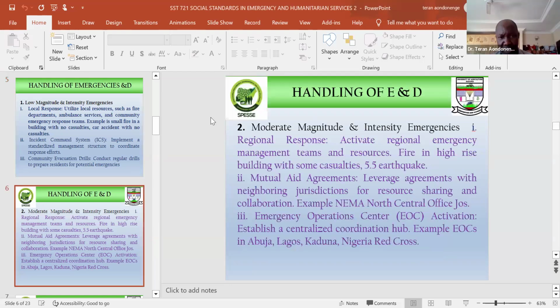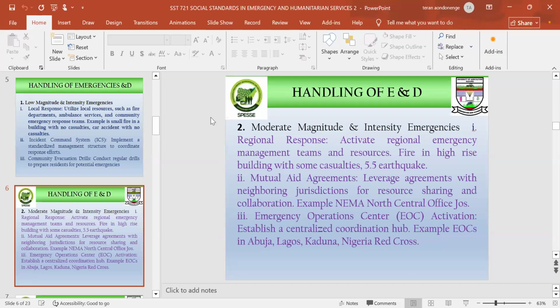Number two, you are dealing with moderate magnitude and intensity emergencies. Regional response. Activate regional emergency management teams and resources. Example is fire in a high-rise building with some casualties.